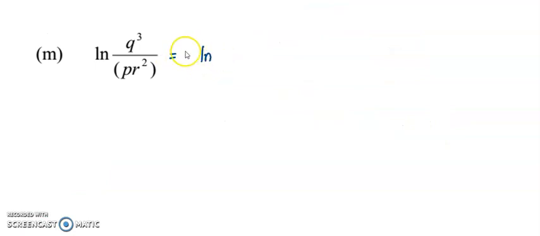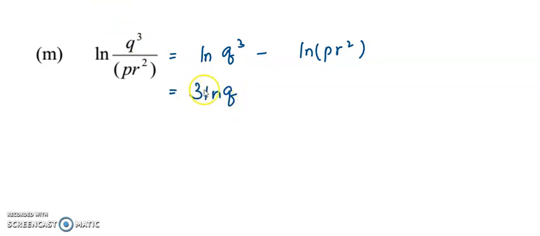This question, stay with the ln, because ln is the log with base e. So we are using the same laws. Alright, we have ln q cubed minus ln p r squared. Because of the division we are using minus. So sorry, this one will stay with the ln. And after that, I'm going to split this. This stays with the ln q, 3 ln q, I move the 3 to the front, minus.